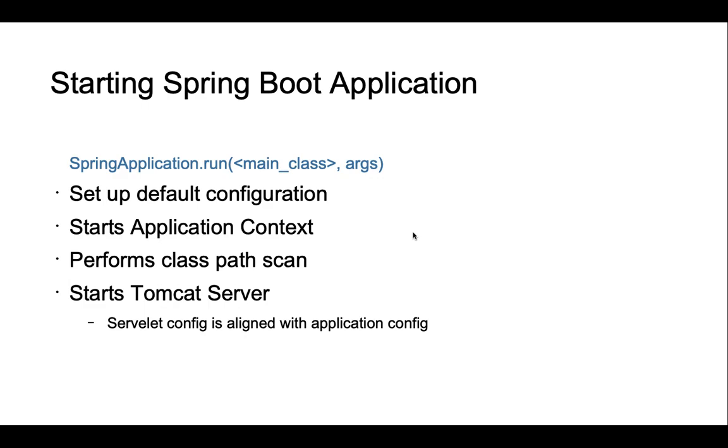We set up a default configuration using the parent project, and what is happening behind the scenes is it is starting the application context, performing a classpath scan, and starting a Tomcat server.